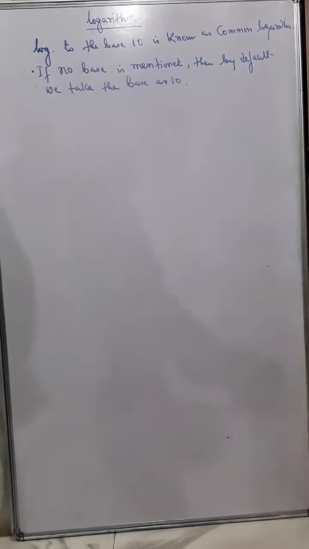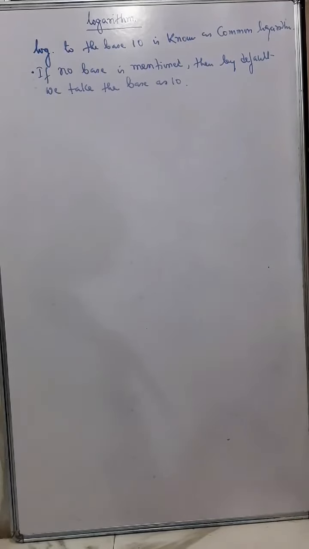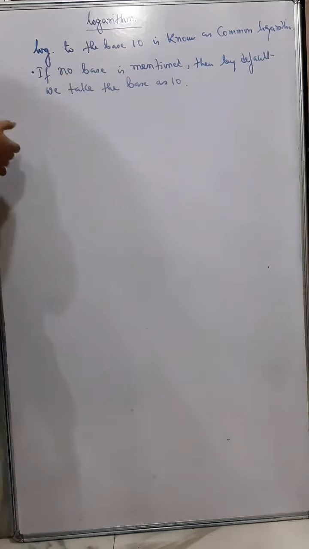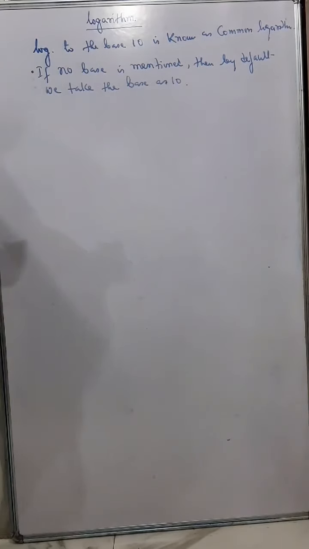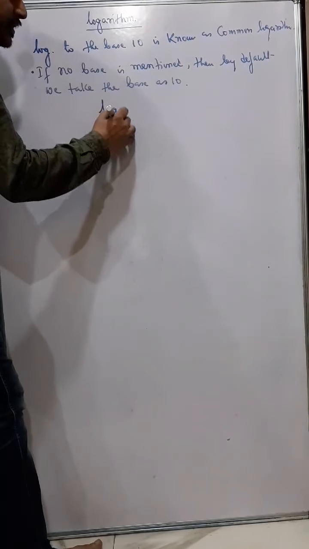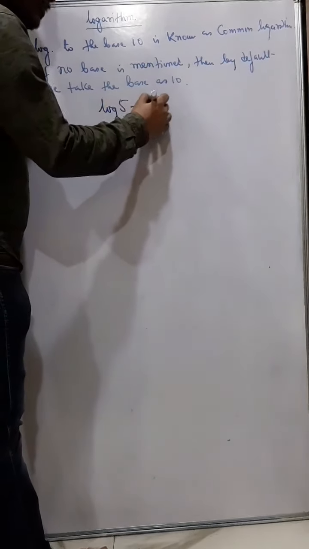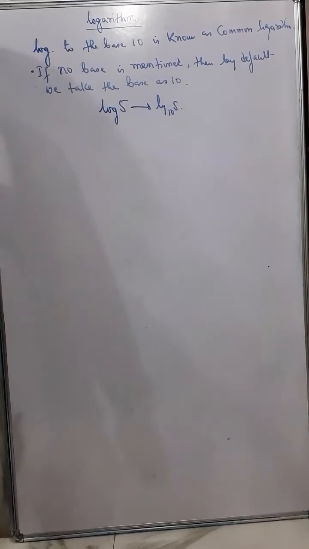So if no base is mentioned, that means it is base 10, and then we say that type of logarithm is common logarithm. Say for example, if they write only, say like this, log 5. So log 5 means log base 10 5. Understand?